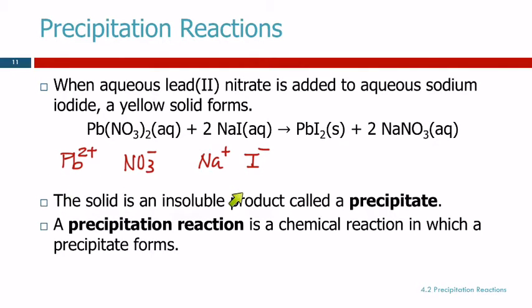Lead-2 hadn't met iodide before. And so what happens is lead-2 plus ends up talking to iodide and realizes that she's really hot. And she thinks he's really cool. And they're like, where have you been all my life? And they're like just really attracted to each other.